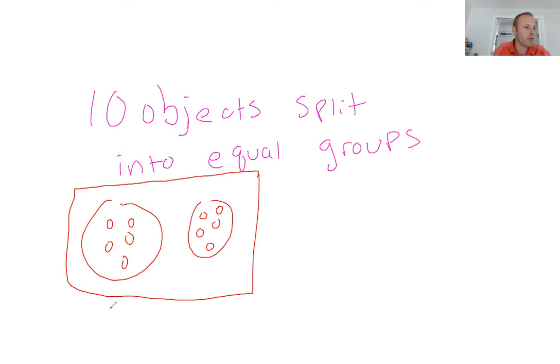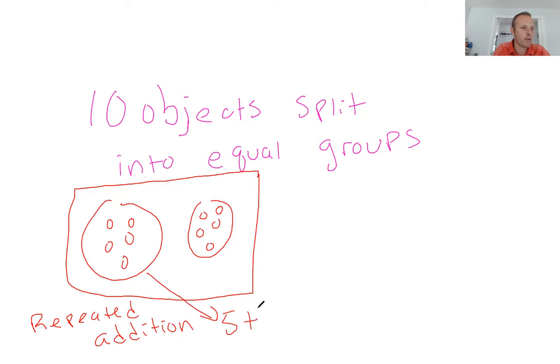And then by this, you would say your repeated addition. Repeated addition for this would be 5, because that's what's in the first group, plus 5 equals 10. Or you could do your multiplication.